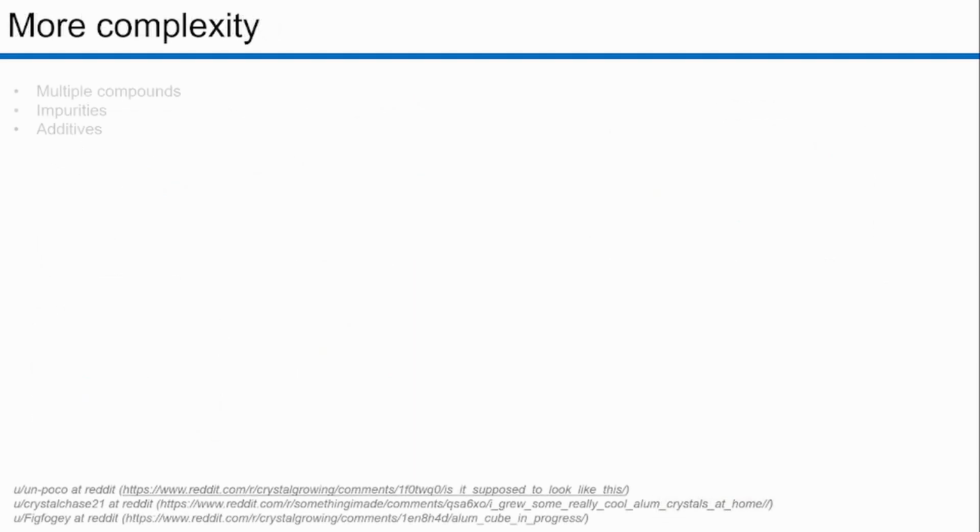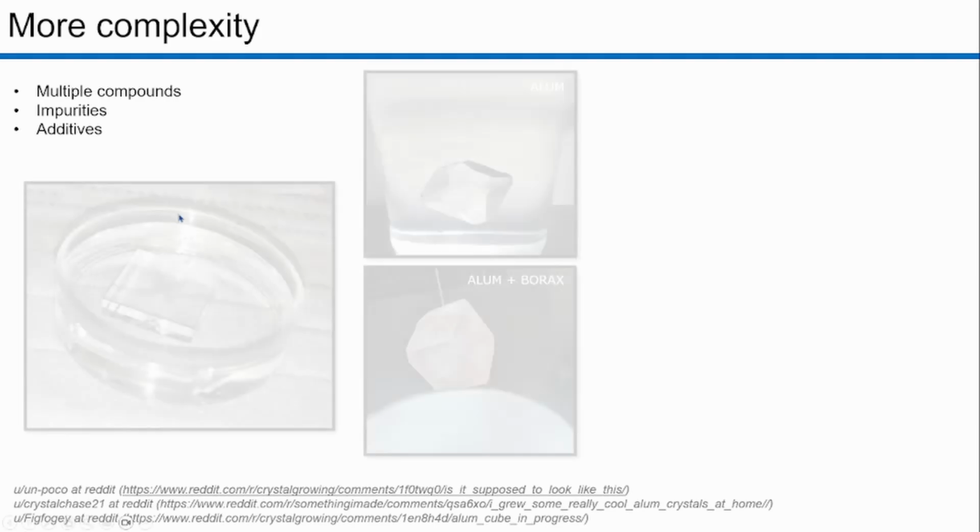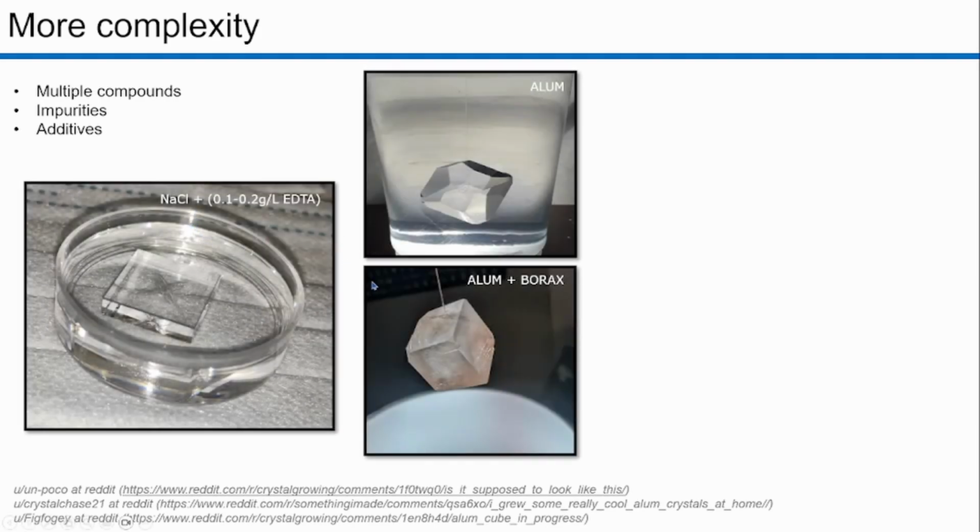For more complexity, you can think about using multiple compounds, controlling or adding impurities and additives. I got some examples from the Reddit community to show here about additives and multiple compounds.